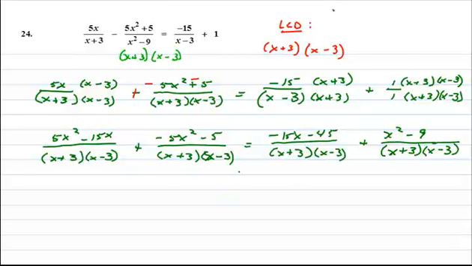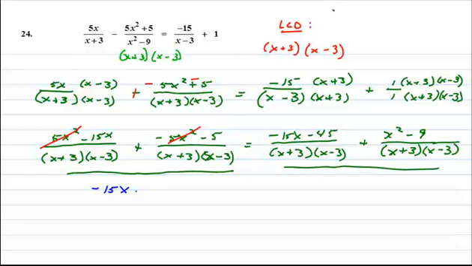Now we can add these two expressions, and we can add these two expressions. Well, 5x squared and negative 5x squared is 0. And negative 15x minus 5 is what we are left with over the LCD.